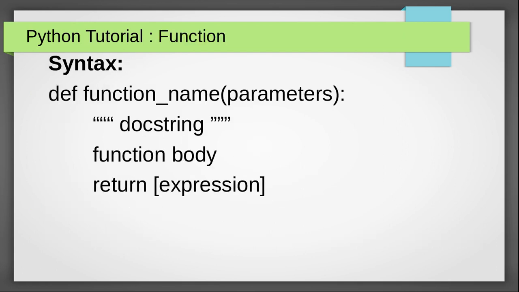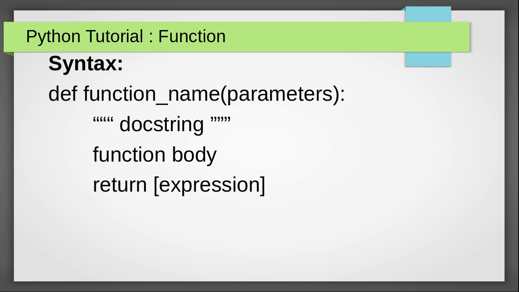And next, how are we going to create a function in Python? This is the syntax for creating a function in Python. This syntax is divided into two parts. The first line is the function header, followed by the rest, which is known as the body of the function.